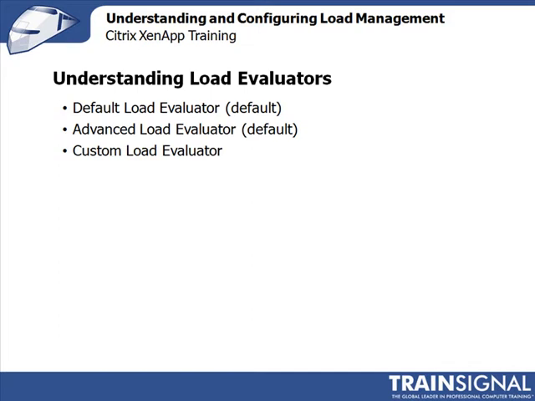It's going to determine, okay, well, this server has 5 users on it, and the CPU utilization is 90%. But the other server, which is server B, has 20 users on it, but the CPU utilization is 40%. Well, I'm going to send the new users to server B, even though it has more users connected to it, it has more resources available, so the user experience will be better.